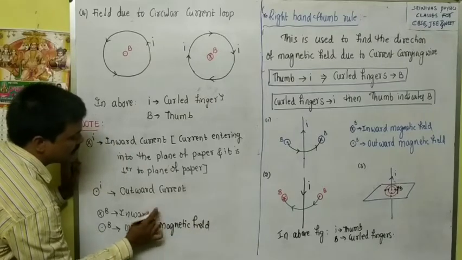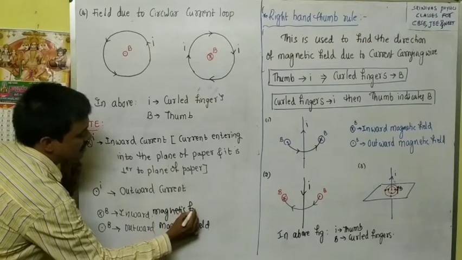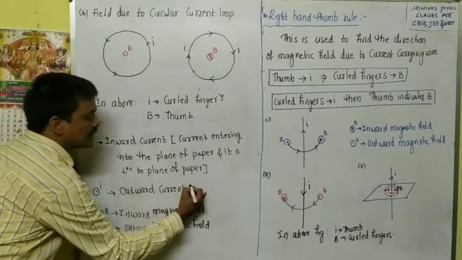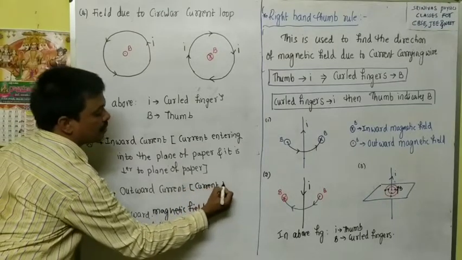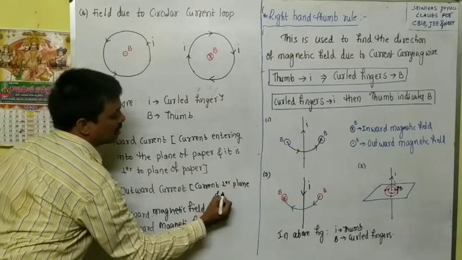This is inward magnetic field. Okay, this is the outward current. Outward current means the current is perpendicular to the plane and outward.